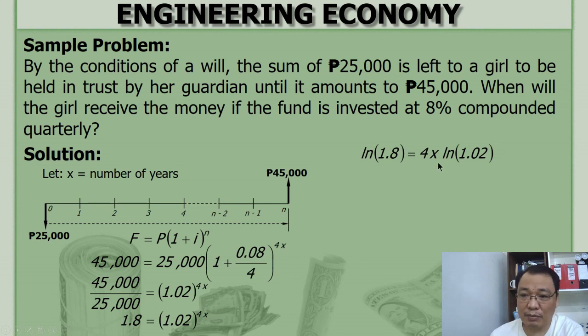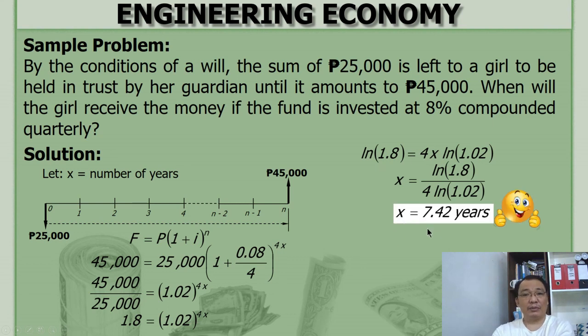So the 4x becomes a coefficient here. To solve for x, divide: ln of 1.8 divided by 4 times ln of 1.02. And x is equal to 7.42 years.